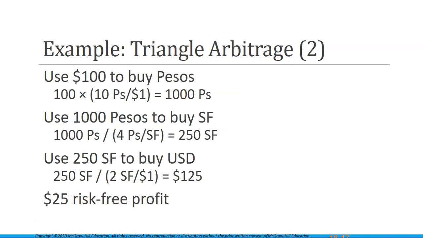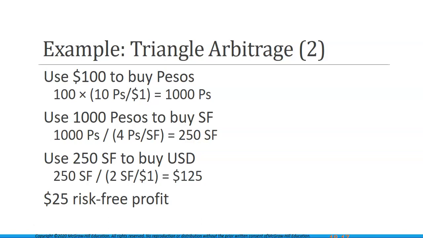So for triangle arbitrage, we can use $100 to buy pesos. That gets us 1,000 pesos. We use 1,000 pesos to buy Swiss francs. That, at the current cross rate, translates into 250 Swiss francs. We then use those 250 Swiss francs to buy US dollars, and that translates to $125.